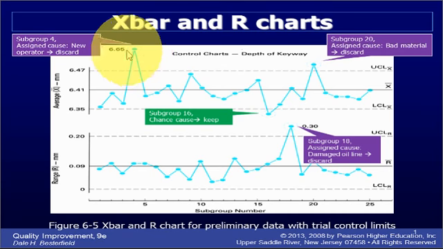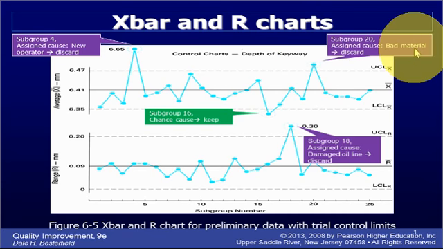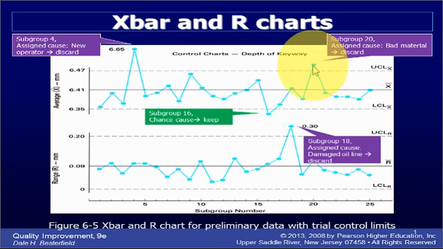And therefore, we can discard this point for future use, because this is not likely to happen repetitively in the future, right? And this one, subgroup 20, is also an outlier. It is also associated with an assignable cause, the bad material, right? So we can discard these points for future use. We do not need this.